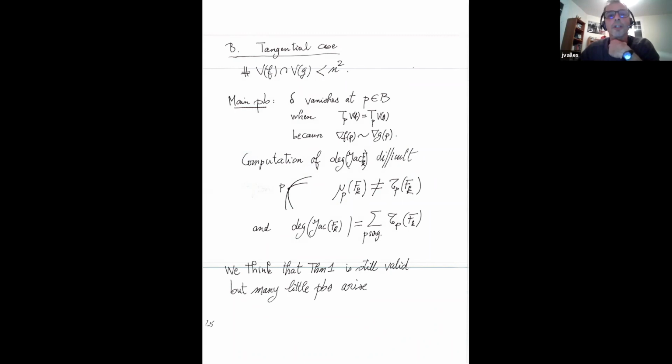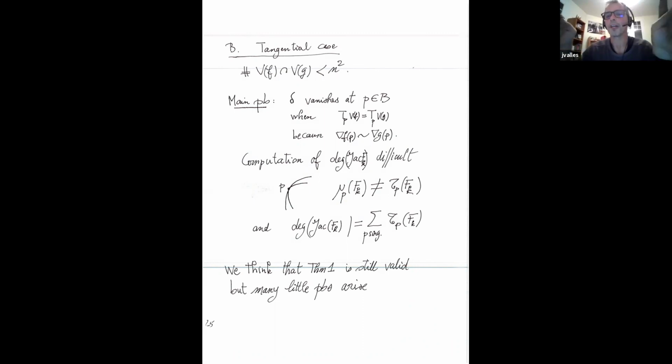The problem with the tangential case is that if you remember in the first part of this talk, I did some proof, in some sense a naive proof, because everything is very separated.